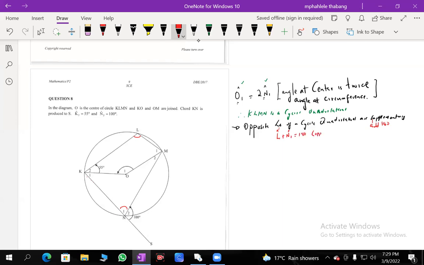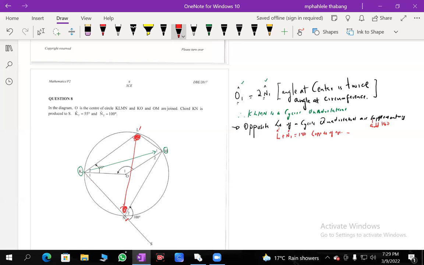Opposite angles of a cyclic quad are supplementary. Angle L is opposite to angle N, and angle K is opposite to M. Therefore, angle L and angle N1 should add up to 180.